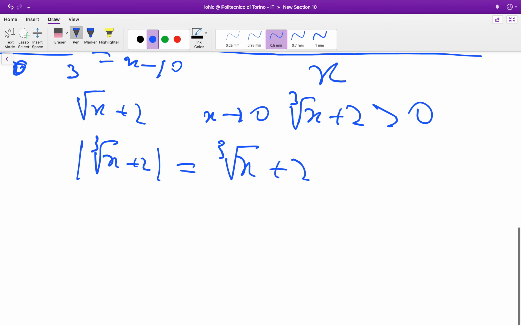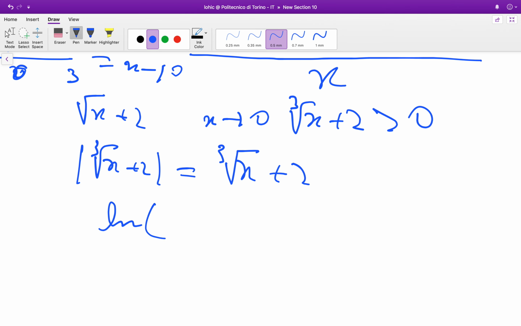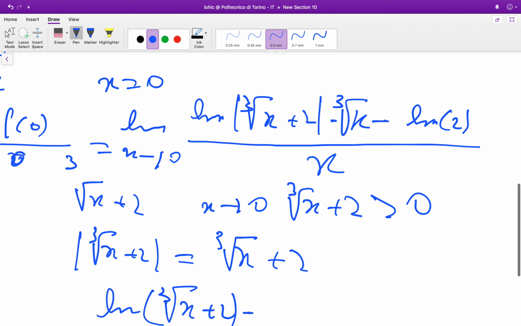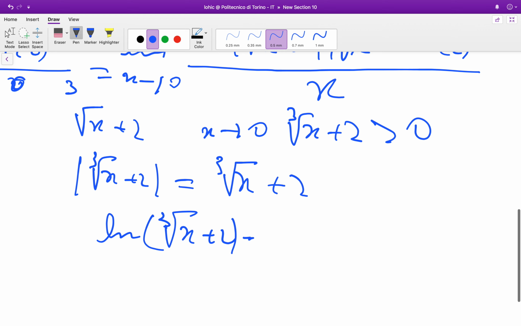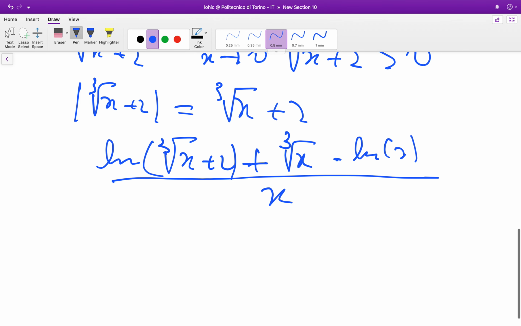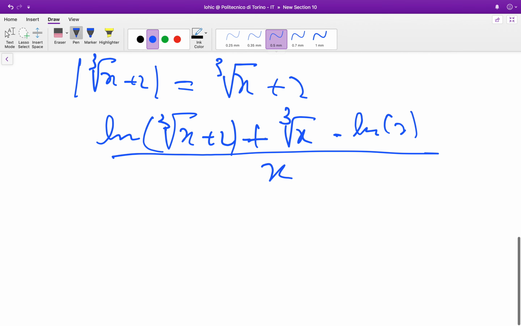So this limit can be written as the limit of the logarithm of the cubic root of x plus 2, plus the cubic root of x, minus the logarithm of 2, divided by x. This is the limit I am solving.